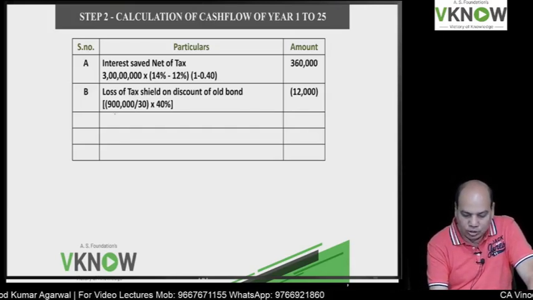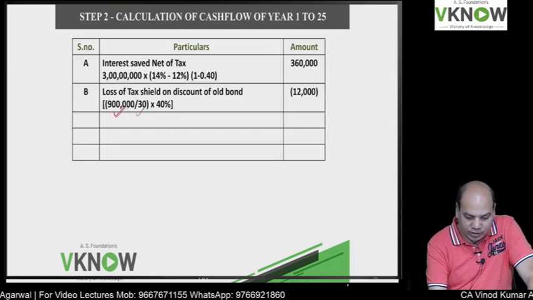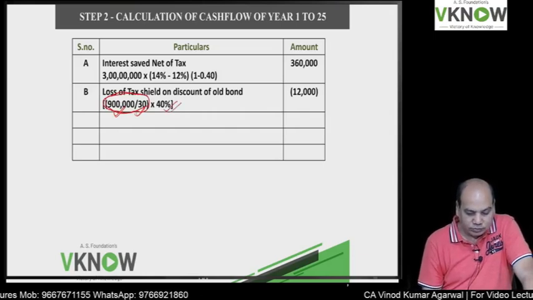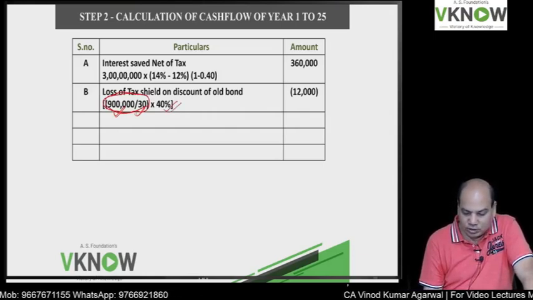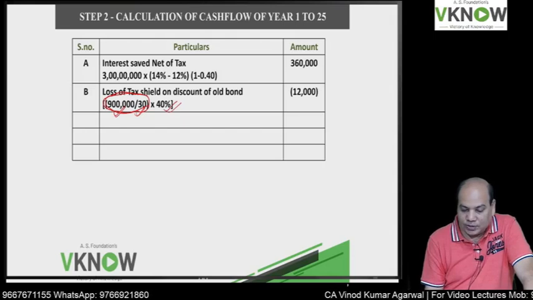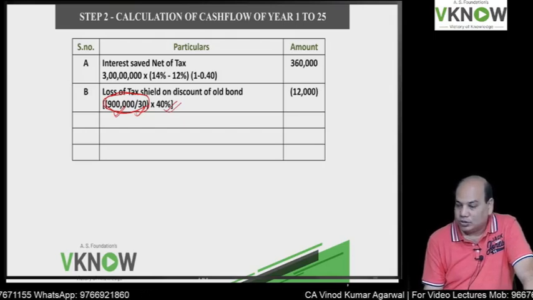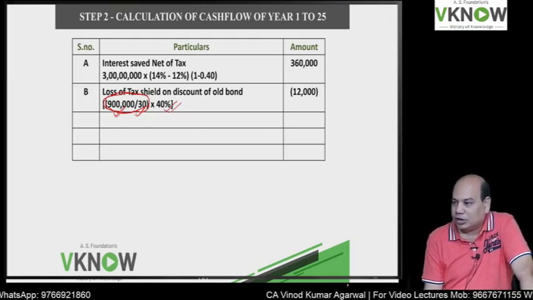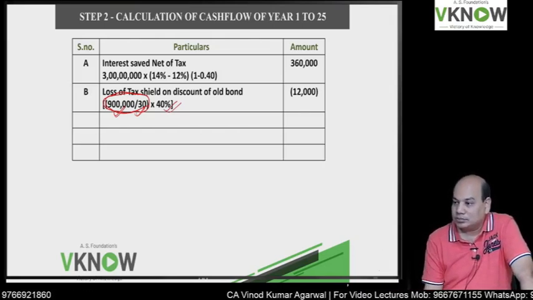In the old bond you have issued at 9 lakh rupees discount, divided by 30 years. So every year you are getting 30,000 rupees amortized, into tax rate 40%. So how much tax benefit will you not get in future? 40% of 30,000 rupees, 12,000 rupees per annum.